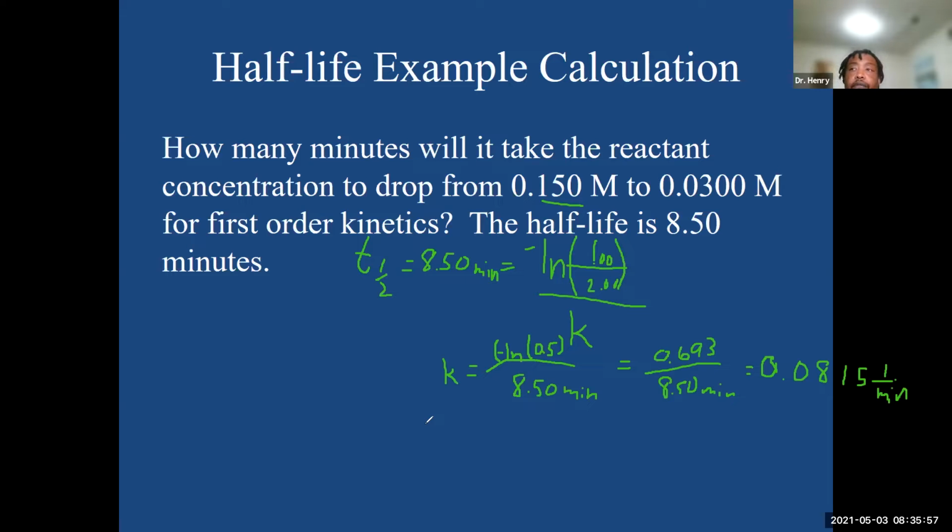So now that we know our value for K, we can figure out how many minutes it's going to take for us to go from 0.50 to 0.0300, right?